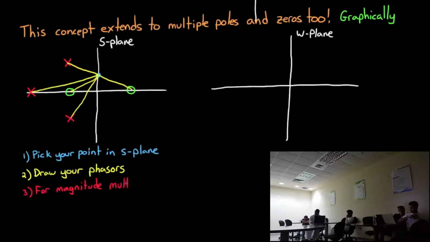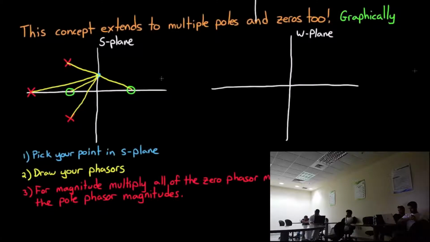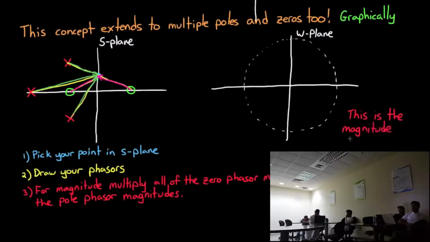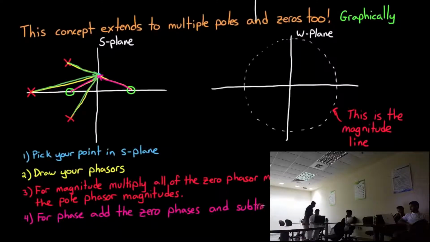Step 3 is to determine the magnitude, or the length of the phasor, by multiplying all of the zero phasor magnitudes and dividing out all of the pole phasor magnitudes. This resulting magnitude sets the length of the phasor in the w-plane. Step 4 is to determine the phase by adding the phase of all of the zeros and subtracting the phase of all of the poles.